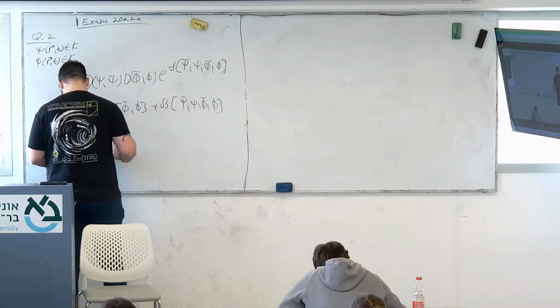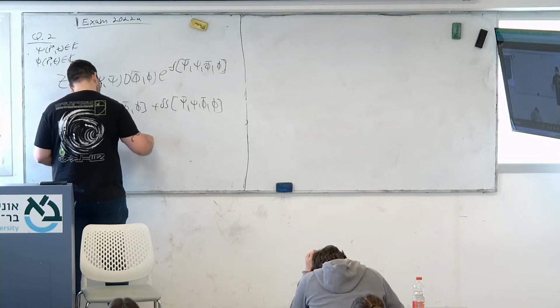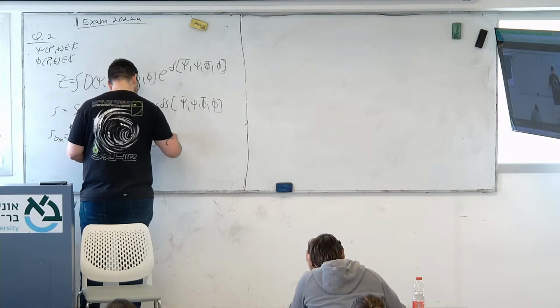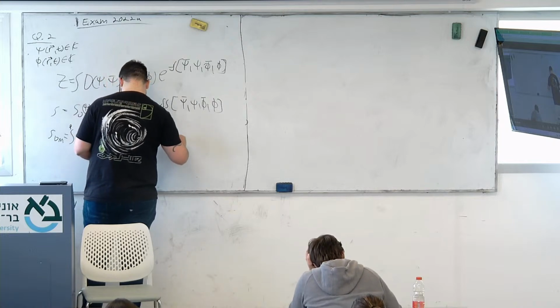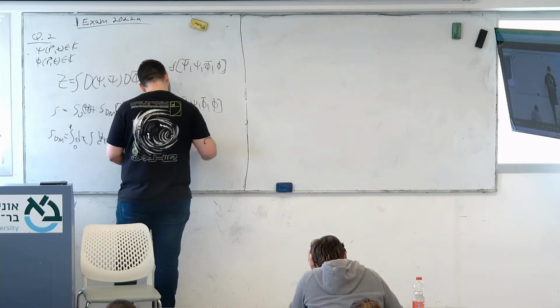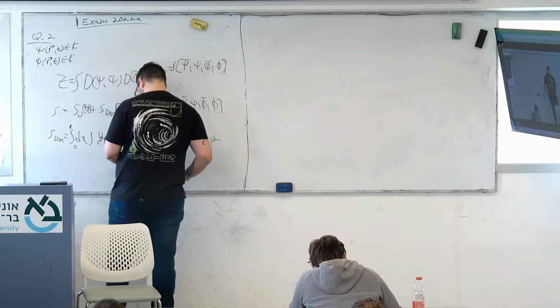Okay. Right. The conjugated phi d tau, plus j gradient of phi plus m squared phi value squared.